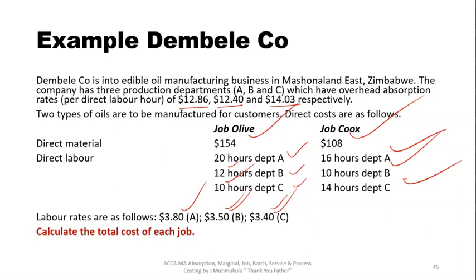So if we multiply by the level of activity, which is the hours involved in each department, we are highly likely to come up with good figures.